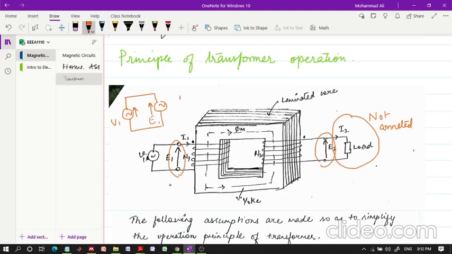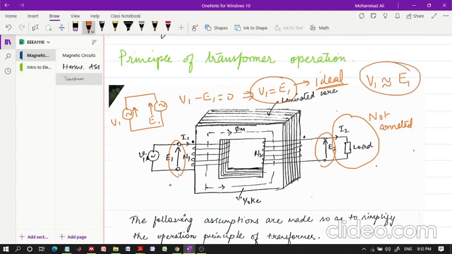So this is nothing but V1 minus E1 is equal to 0, or we can say that V1 is equal to E1. ठीक है, this is the case when we are considering the ideal case. लेकिन for the practical case V1 is approximately equal to E1. There are certain voltage drops that can be neglected for the time being. Okay, so V1 should be equal to E1.